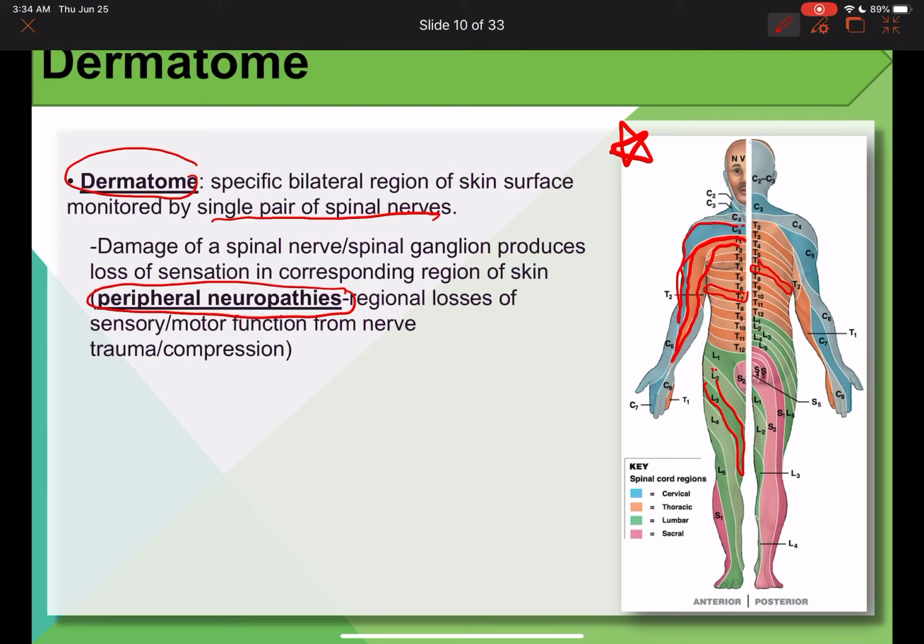Remember, you have that merged area of the spinal cord that can be for sensory or motor, okay, coming in.